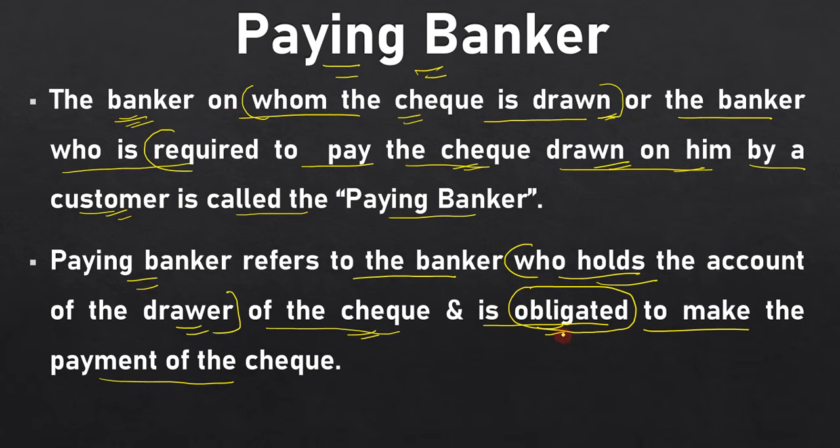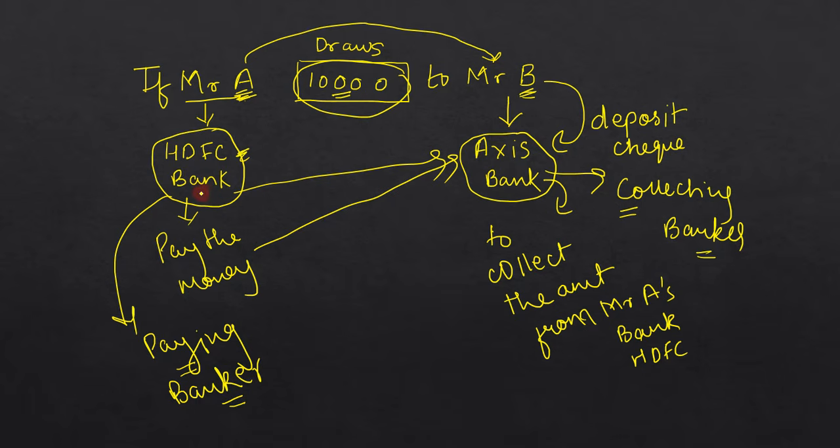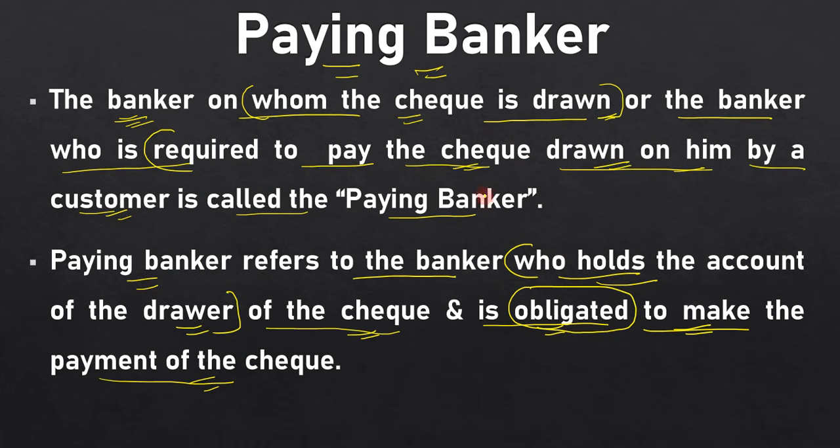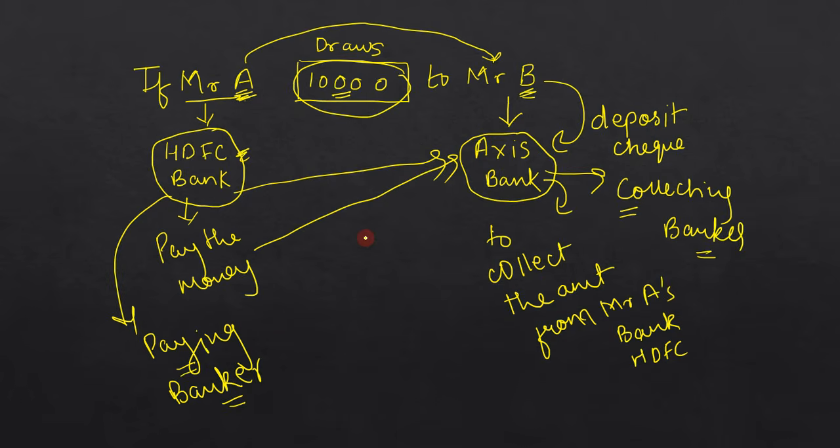Obligated means it is the duty of the paying banker to make the payment of the check. So it is the duty of HDFC Bank to pay the money to Axis Bank. That is why the banker on whom the check is drawn, or the banker who is required to pay the check drawn on him by the customer, is called as paying banker.